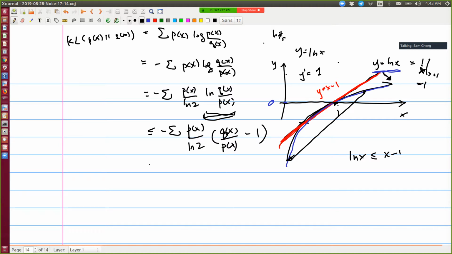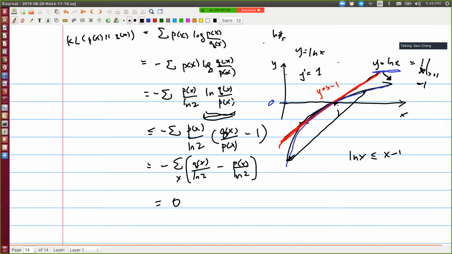Then we can expand that, and this will become q(x) over log 2 minus p(x) over log 2, right? Of course both q(x) and p(x) are distributions that sum up to 1, so they cancel each other, and this is equal to 0.